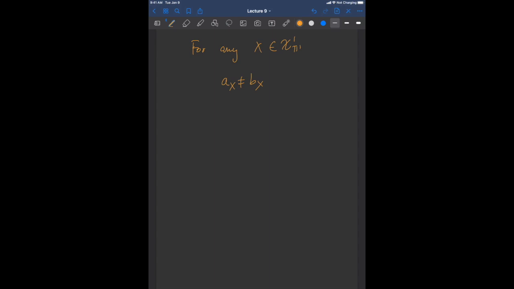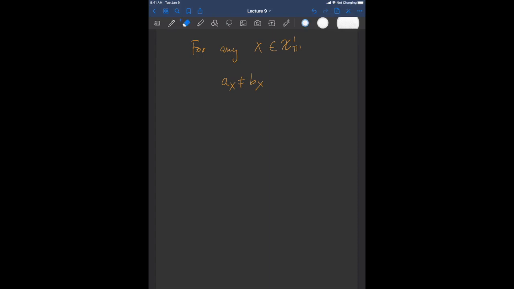But it is possible that for some x and y which are possibly different, ax is equal to by. So we want to ensure that promise 2, like promise 1, is also universally true without any problem. So how do we do that?